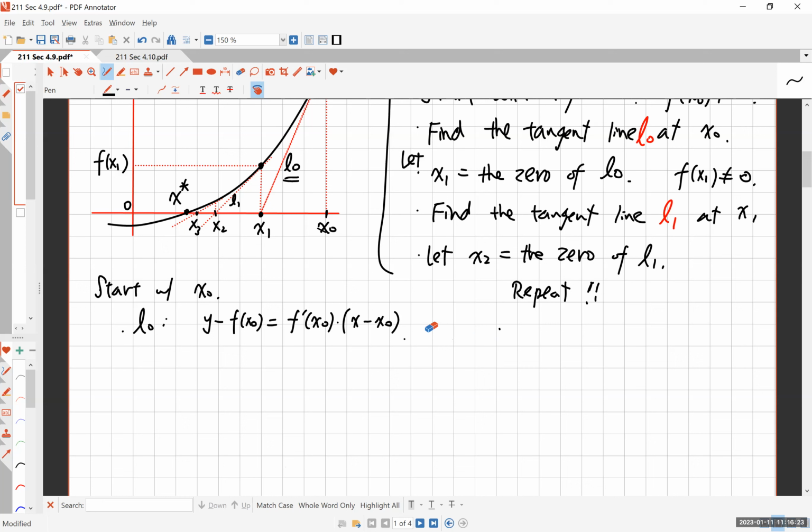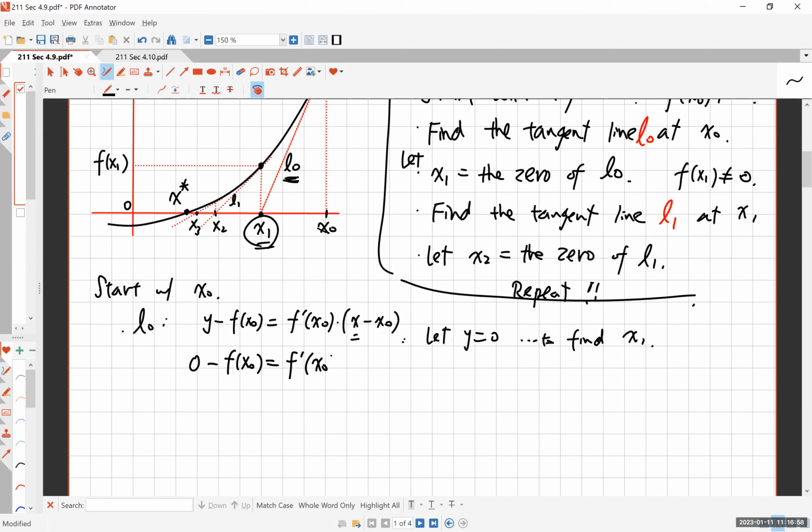What we want to do is let y be equal to 0 at this point. Why is that? Because now we're looking for x1. So when y is equal to 0 on the tangent line, then you have found this x to be x1. So let's say 0 minus f of x naught is equal to f prime of x naught times x minus x naught.